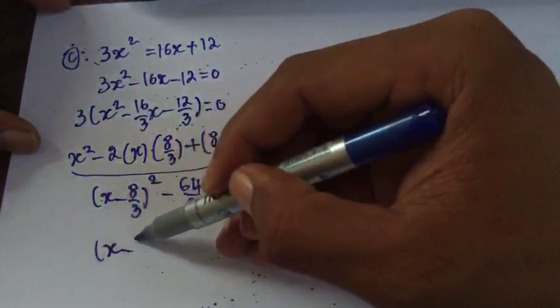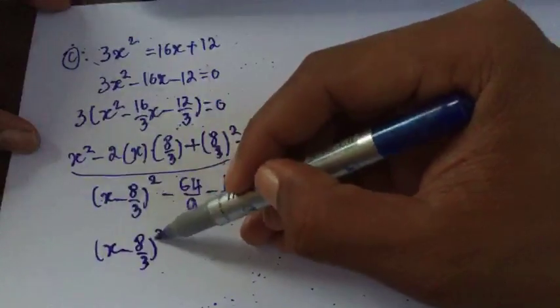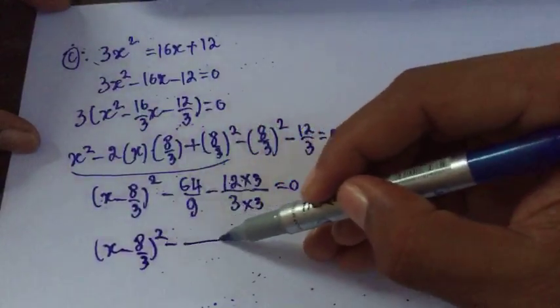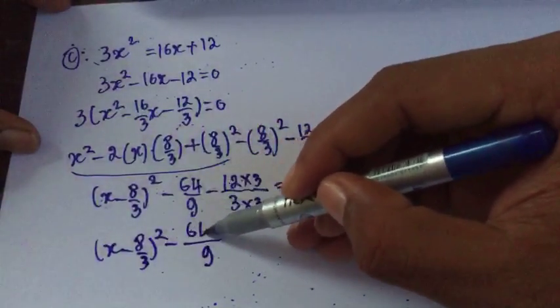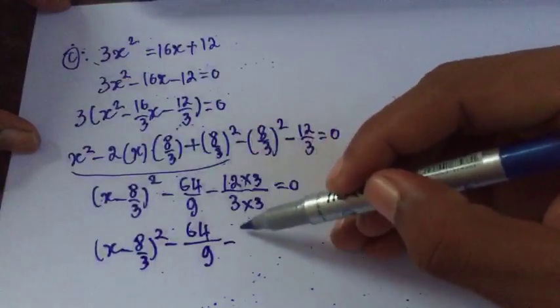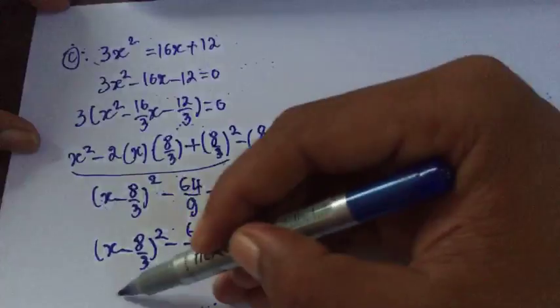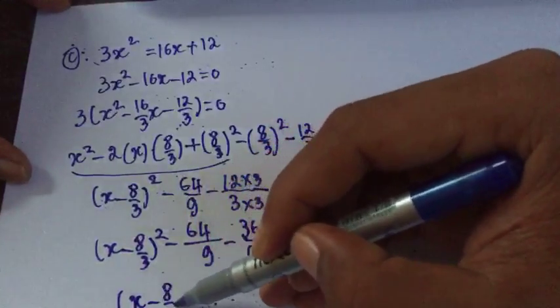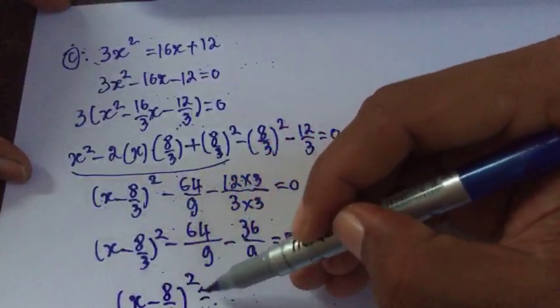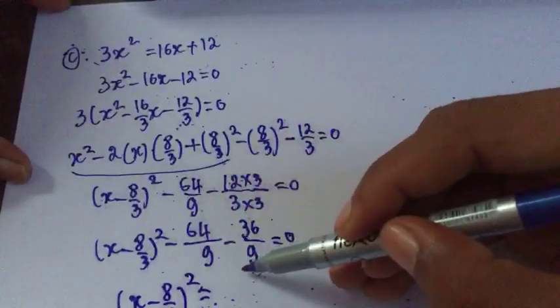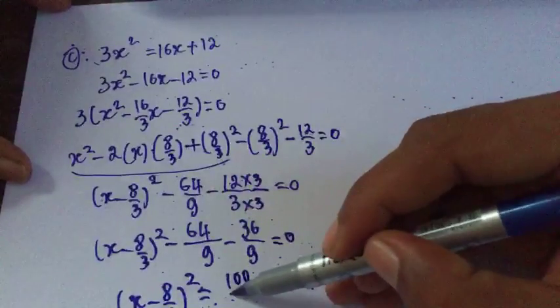So you get x minus 8 divided by 3 squared minus 64 plus 36 divided by 9 equal to 0. Then x minus 8 divided by 3 squared equal to 100 divided by 9.